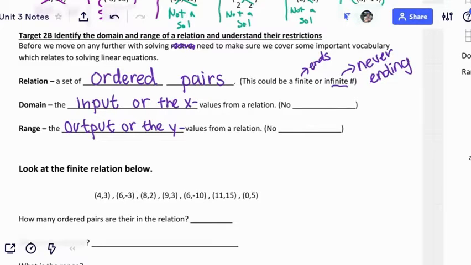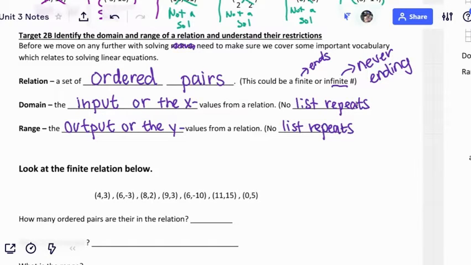And when we list the domain and the range, we don't want to list any repeats. So we're going to be looking at a relation, a set of ordered pairs, and we're going to be listing the domain and the range.